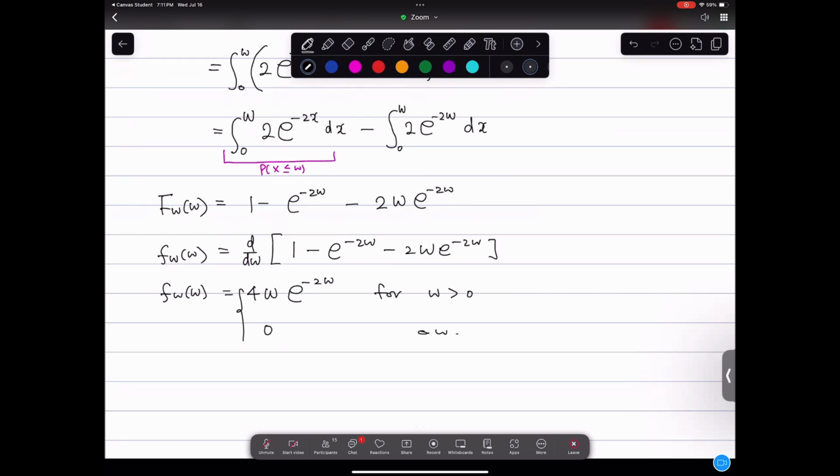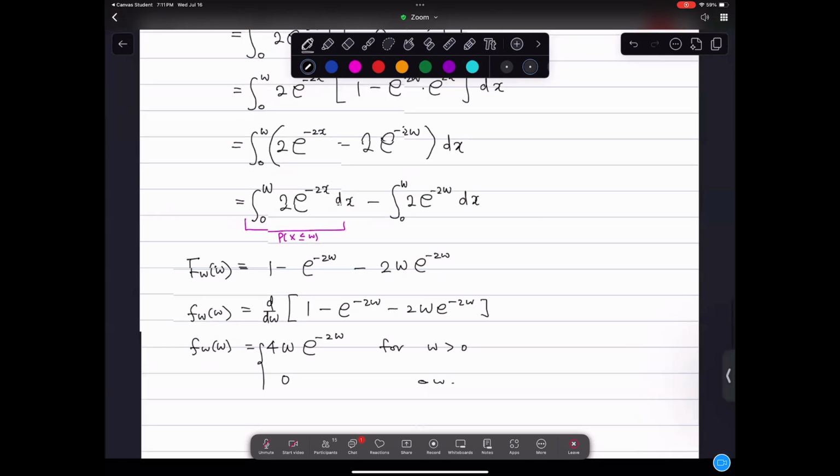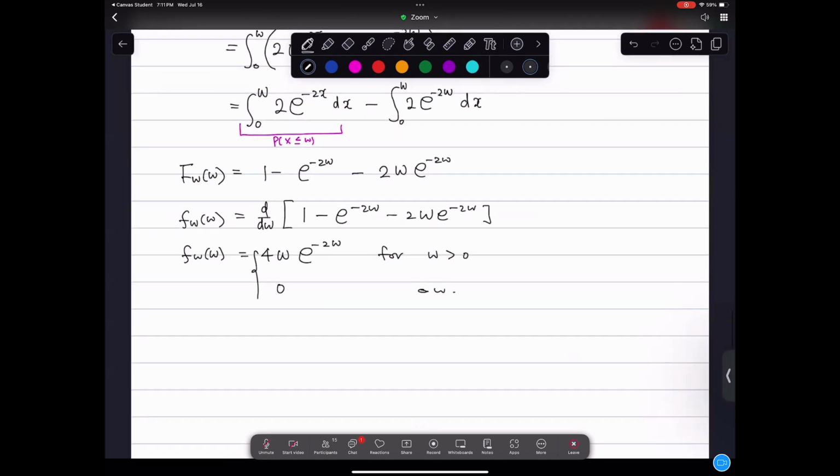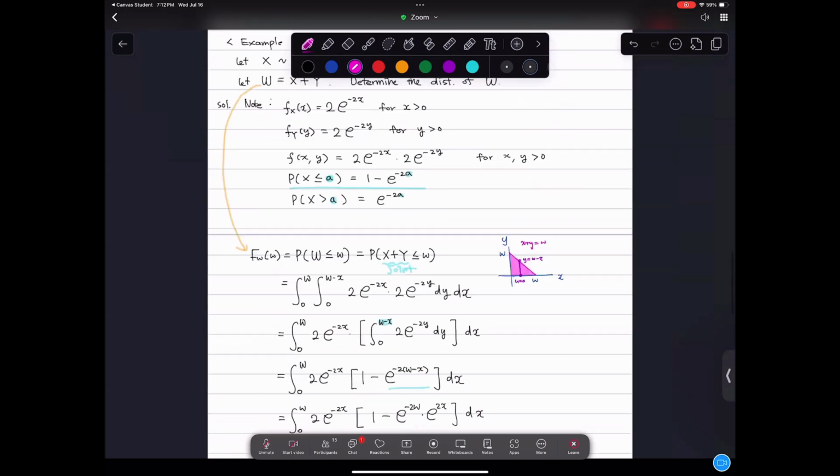So this is a convolution. A long way to go, but this is it. And this is a very special distribution. It's called the gamma distribution. Are we okay so far? So that was your sum of the two random variables.